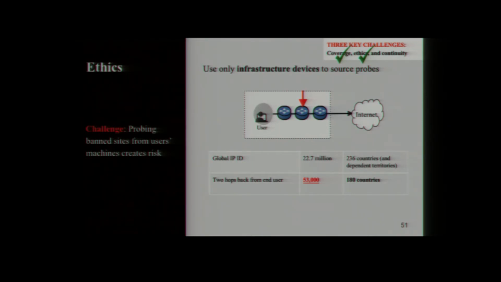We're using routers. We call them infrastructure routers because they're 2 hops back from the end IPs. Even with such a harsh constraint on the number of vantage points, we still have more than 50,000 infrastructure routers that we can measure TCP/IP blocking from.